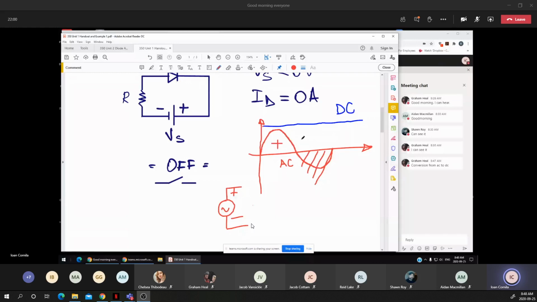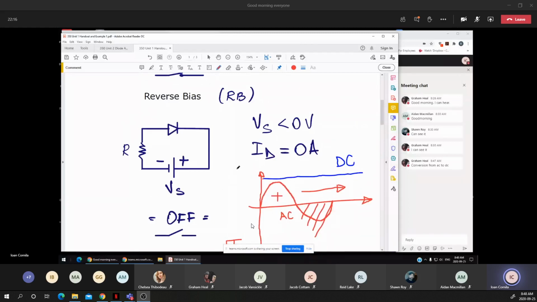Sorry, that means that if I can remove that negative side of the sine wave, the current flows in a single direction. Here you go. That's the first application, the simple application for a diode.